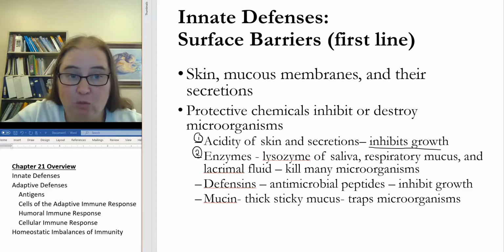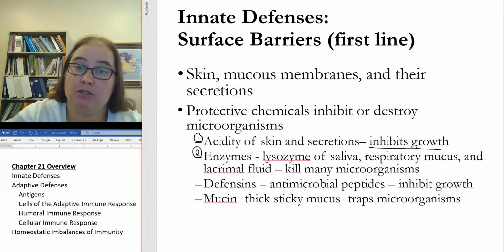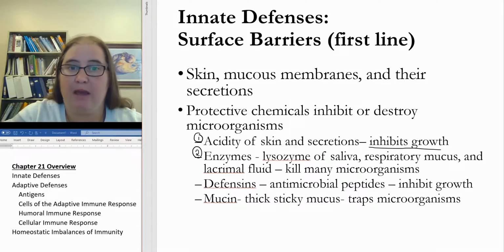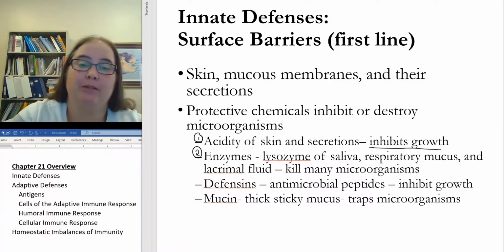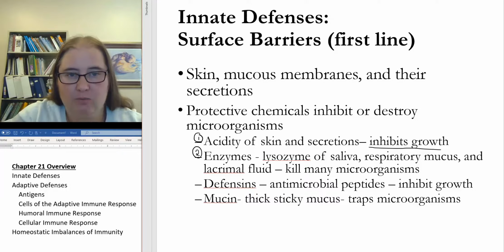Our respiratory mucus, the mucin cells secreted within the epithelium of our respiratory system, contains lysozymes that will also attack and destroy pathogens as they try to enter, as does our lacrimal fluid. Remember, that's the fluid in our tears. We talked about that in AMP1. All of these will kill these microorganisms.